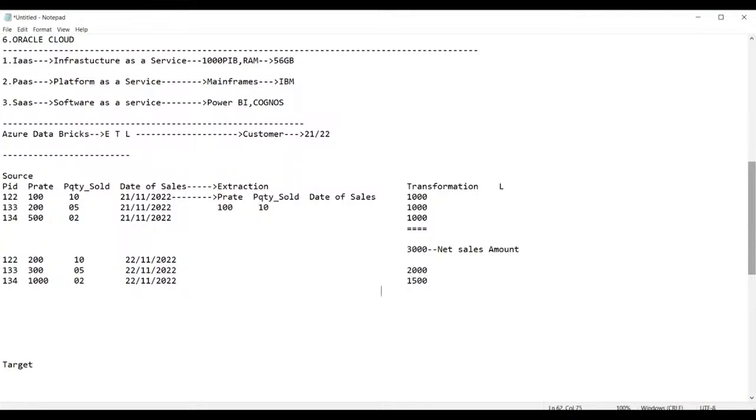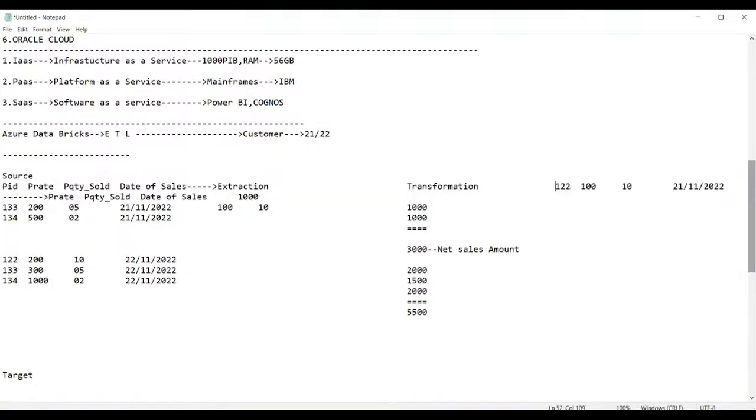So now calculate the sum. 5500. Very good. Now, guys, this is the net sales amount. This process is called the transformation process. It's done now. Finally, you will be loading.